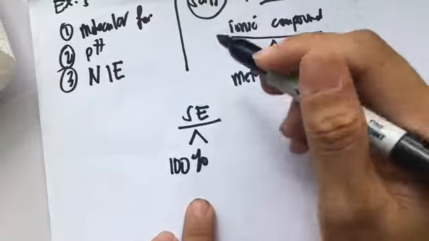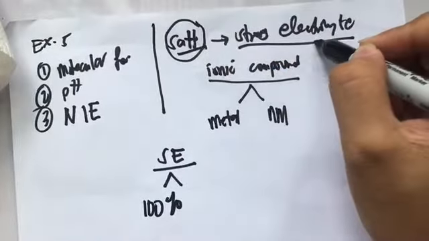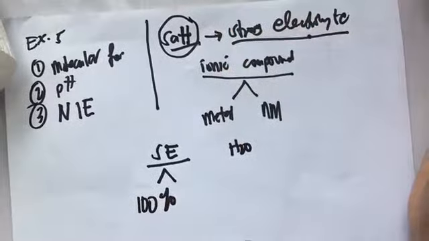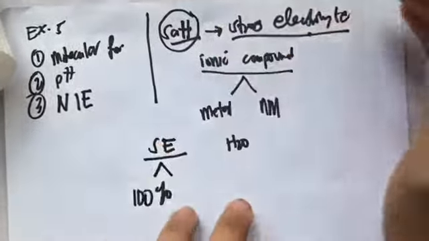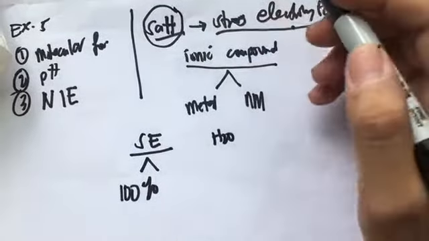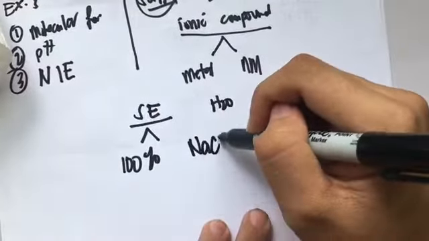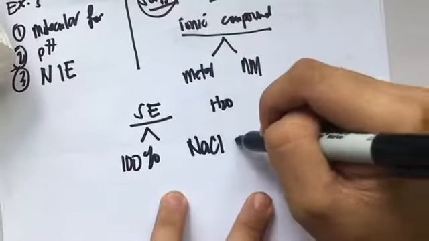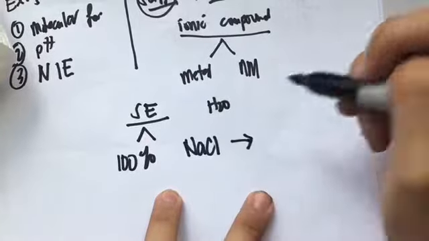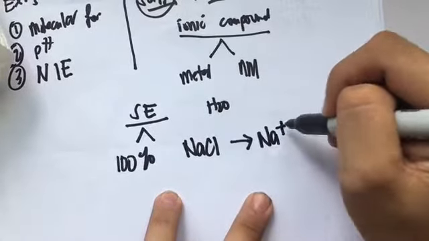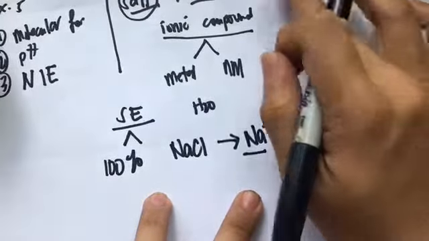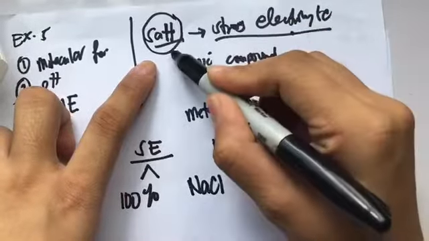For example, NaCl, which is table salt. When it is put in an aqueous solution, it can dissociate into ions, forming sodium ion and chloride ion. So that is one of the characteristics of a strong electrolyte, which is also one of the main characteristics of salt.